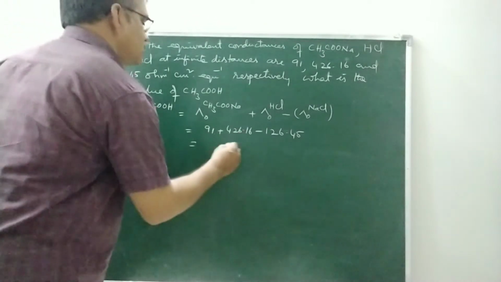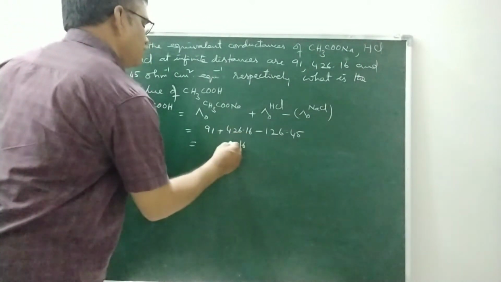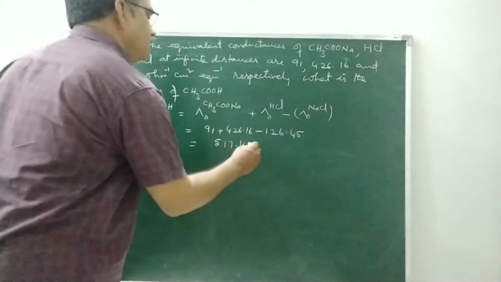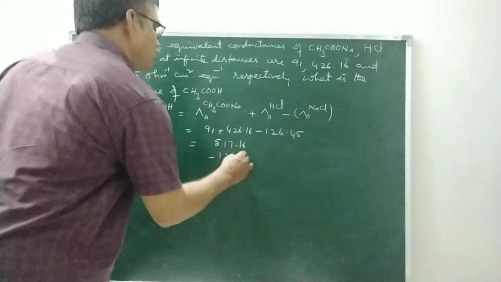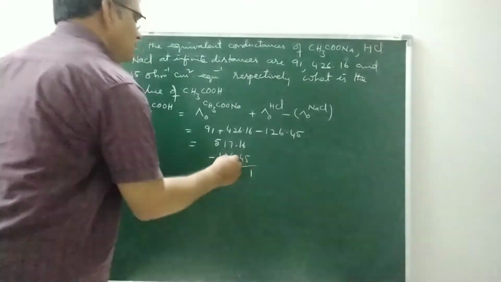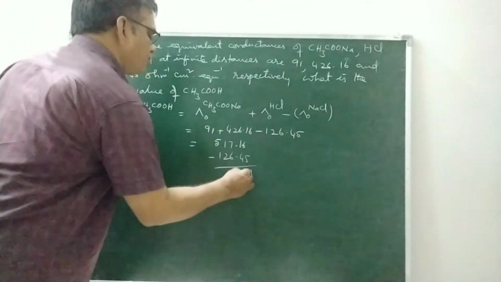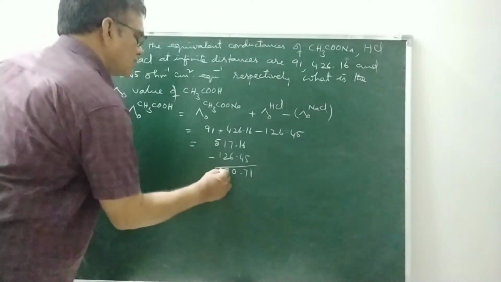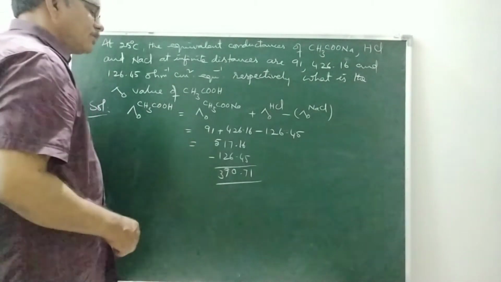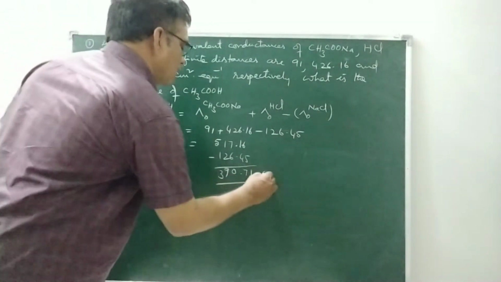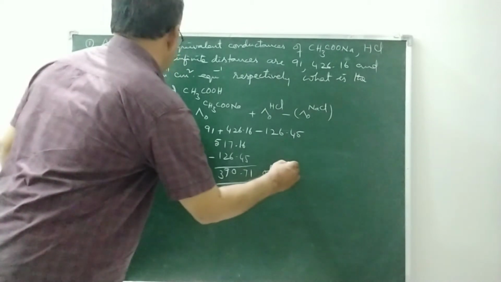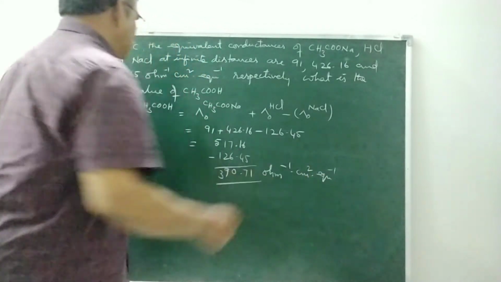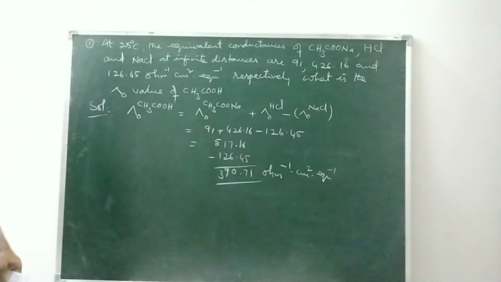So if we add these two and subtract 126.45, lambda naught CH3COOH is equal to 390.71 ohm inverse centimeter square equivalent inverse. So this is the lambda naught for CH3COOH.